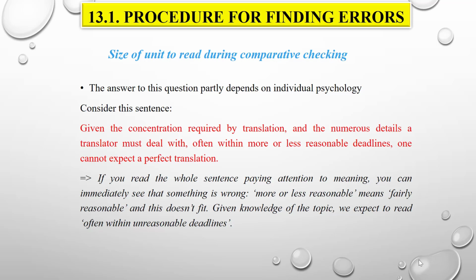Now, if you were reading this sentence phrase by phrase and you compare "often within more or less reasonable deadlines" to the French, "souvent dans des délais plus ou moins raisonnables," you may not detect any problem. The match seems perfect at the word level. Plus ou moins equals more or less.